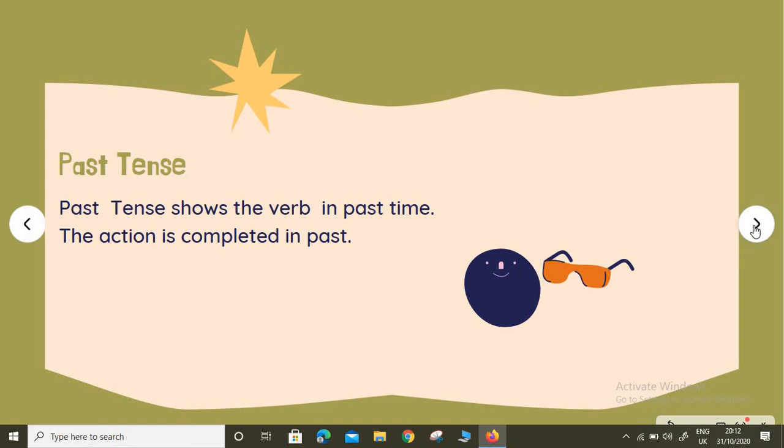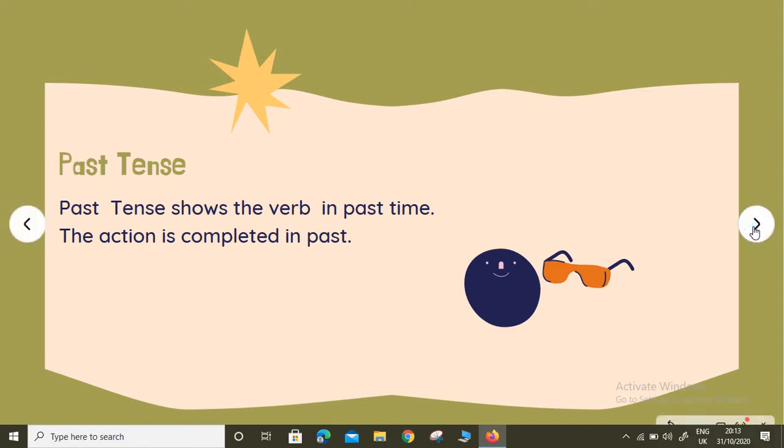What is past tense? Past tense basically shows the verb in past time. That means the action that is completed in the past. And generally here we use the second form of the verb.